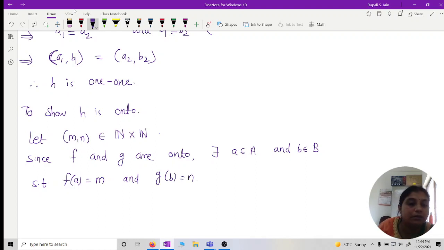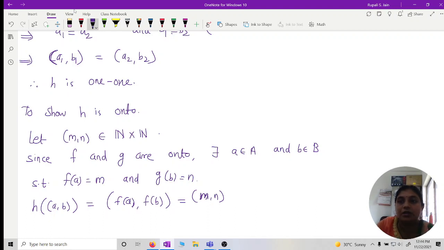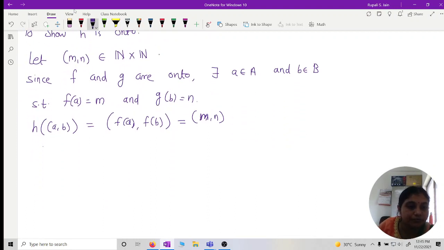Is that right? Yes. So H of (a, b) is nothing but (f of a, g of b), and that I can write as (m, n). Therefore H is onto, and hence H is a bijective map.